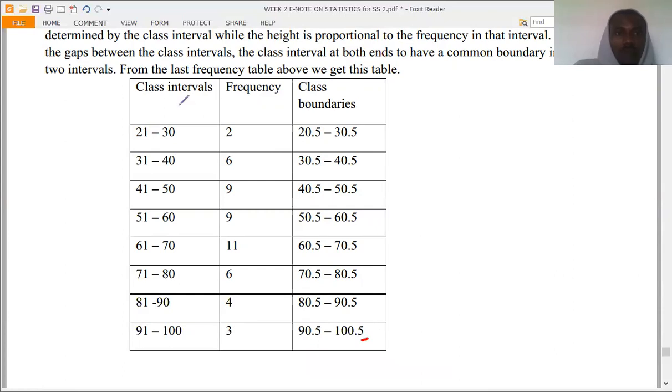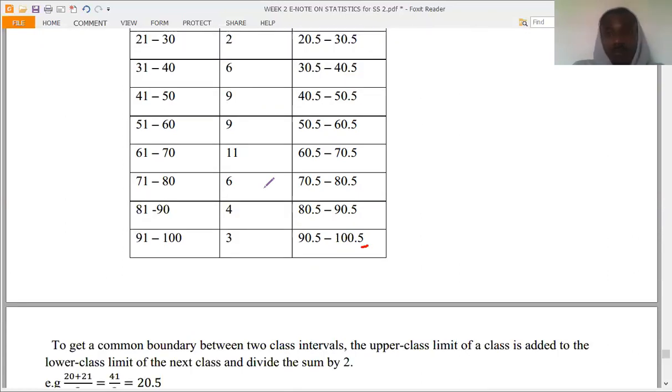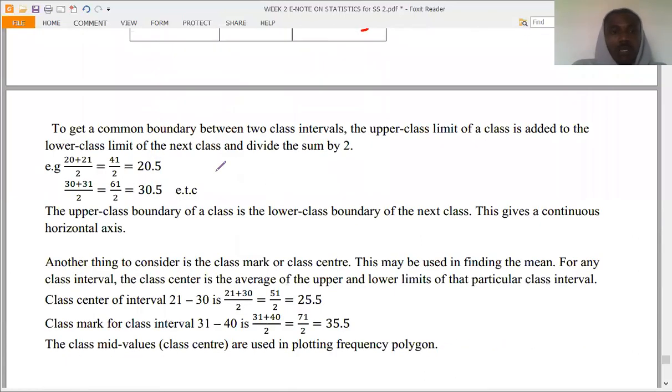This is the lower class limit, and this is the upper class limit. Subtract 0.5 from the lower class limit and add 0.5 to the upper class limit to get the class boundaries for each class interval. I hope that was clear. Very simple. Now, to get the common boundary between two class intervals, the upper class boundary of one class is added to the lower class boundary of the next and divided by 2. Did you get that?